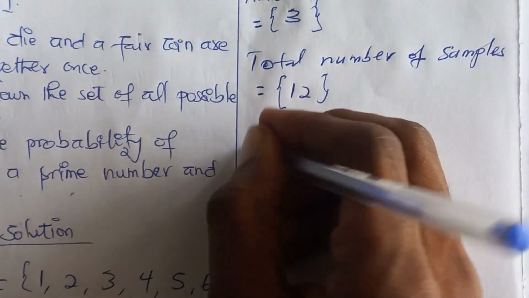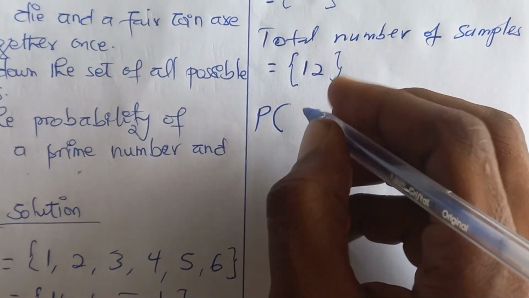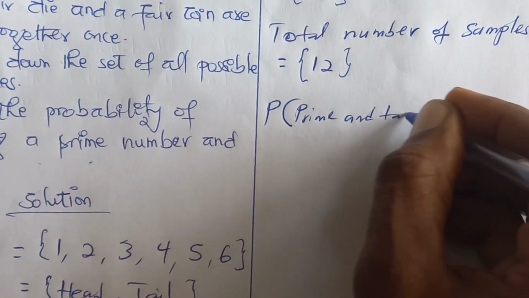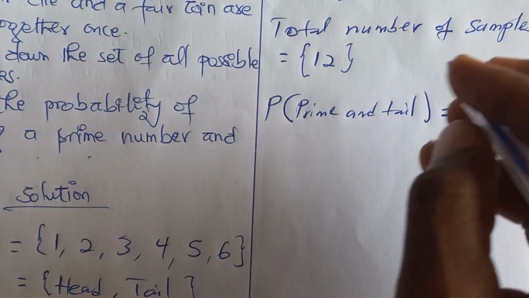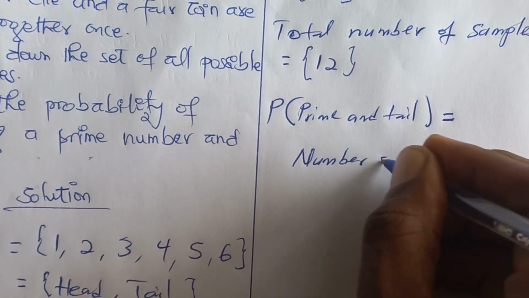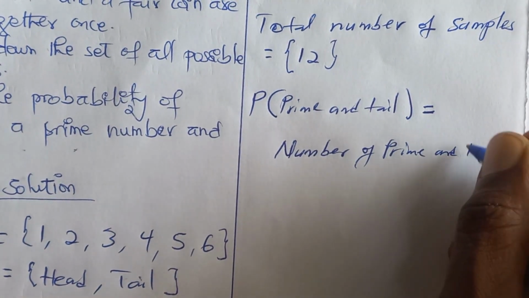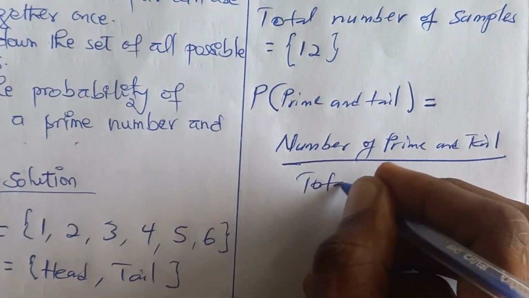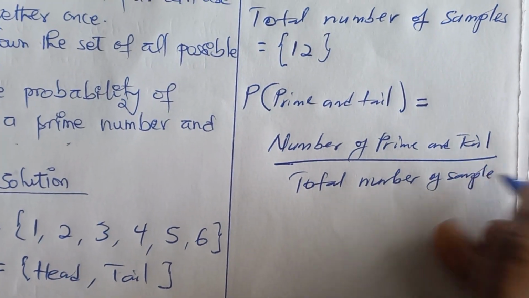So the probability of getting prime and tail is equal to the number of prime and tail over the total number of the sample.